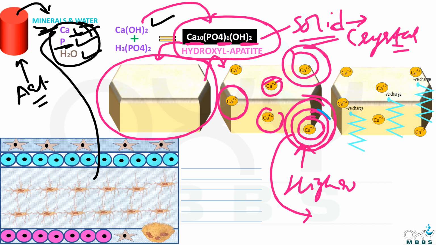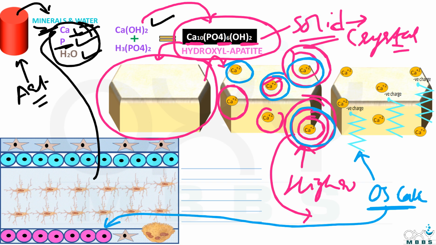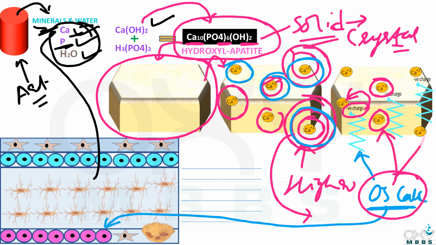So to keep these calcium ions at their position, a protein is required, and that protein is called osteocalcin, which is secreted by osteoblast cells. A negative charge in the osteocalcin protein keeps these positively charged calcium ions at their position. So what is the function of the osteocalcin protein? To keep the calcium ions at their position.